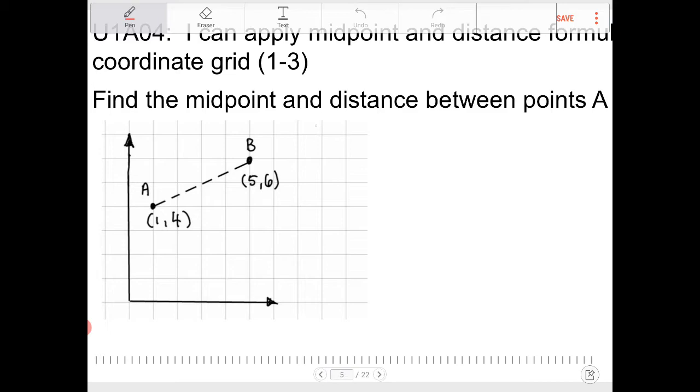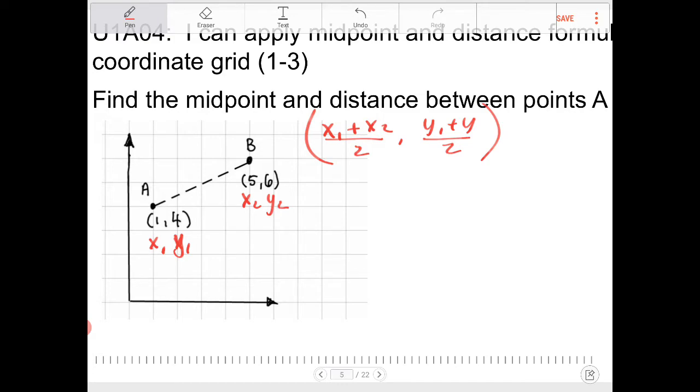The midpoint formula was x1 plus x2 divided by 2, y1 plus y2 divided by 2. Pause the video now and see if you can apply that, perform a direct substitution. I would also encourage you to label this as x1, y1, and this as x2, y2.